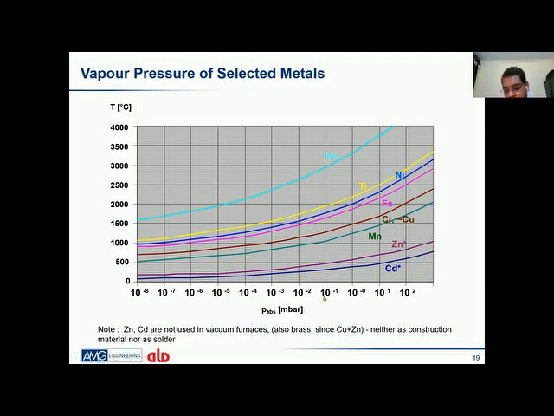And if a part is made of zinc or cadmium, or there is even the slightest zinc and cadmium, in the end product you will find there is a depletion of the zinc and the cadmium. There is another application, the brazing application, nickel chromium brazing. In most stainless steels you will find a good amount of chromium.